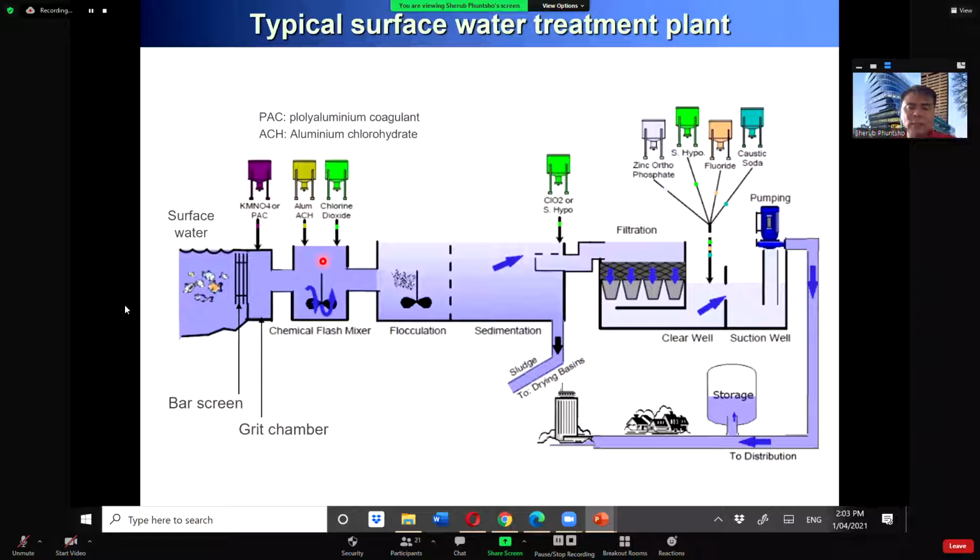You have rapid mixing here, and then slow mixing here, so we have coagulation, then flocculation, and then let it settle. Whatever settled sludge will be removed, and whatever cannot be settled will be further filtered by sand filtration, and then you get very clean water for supply to the household. So this is the process diagram for a typical surface water treatment plant.